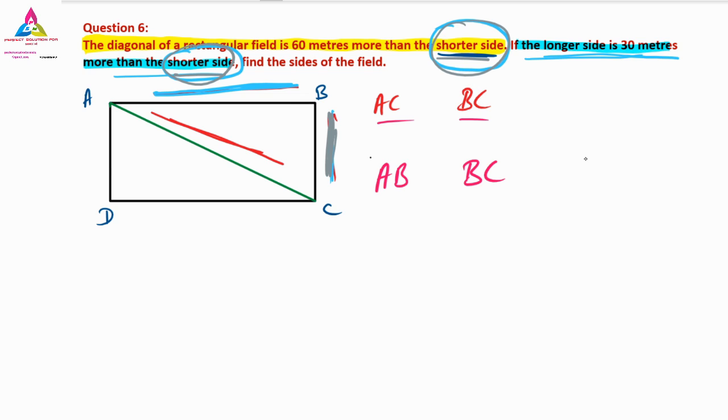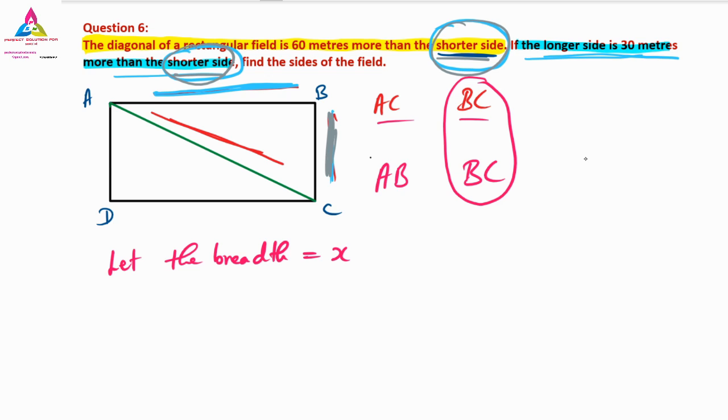This is most important: in both statements BC is common. So we let the breadth be x. Very important, which one you take as x.